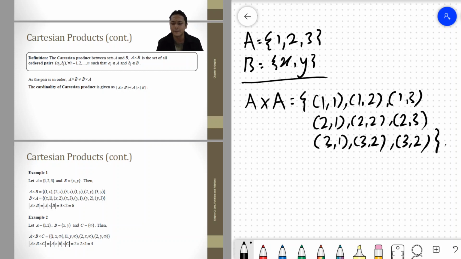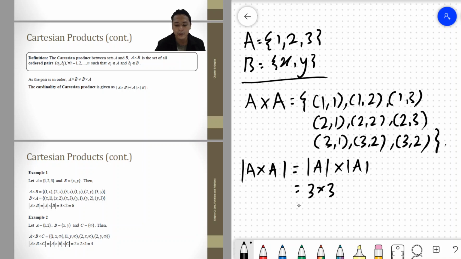What's wrong here? Do I have enough distinct ordered pairs? If you count the cardinality of A times A, the answer should be 9 because the cardinality of A is 3 times 3.